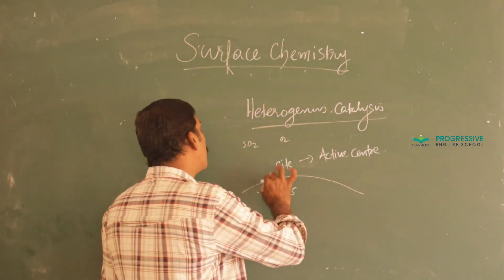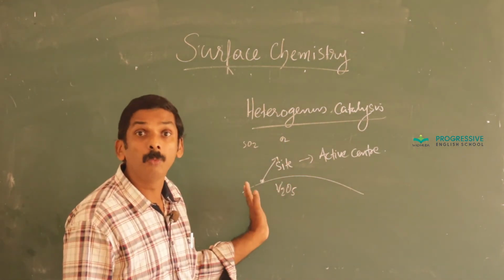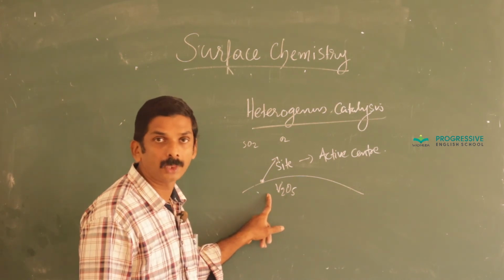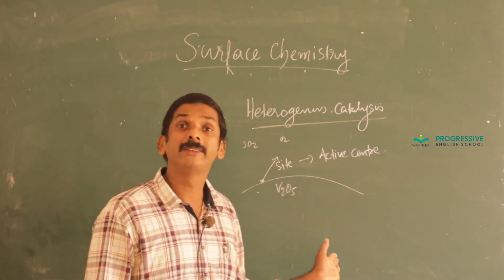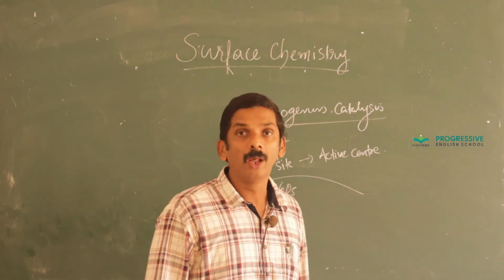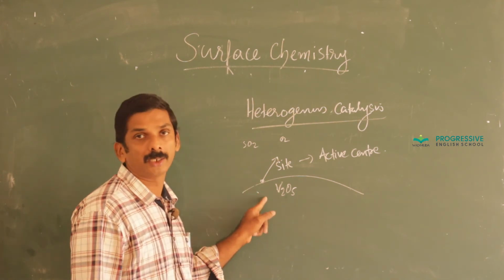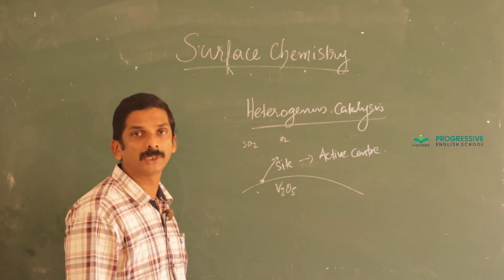Finally, the product is desorbed, or removed, from the surface of the catalyst. Desorption means removal, and it creates a new site for the incoming reacting species. That is the adsorption theory of heterogeneous catalysis.